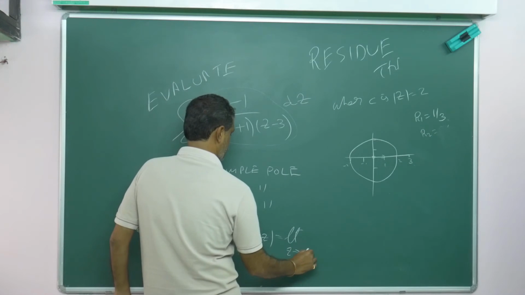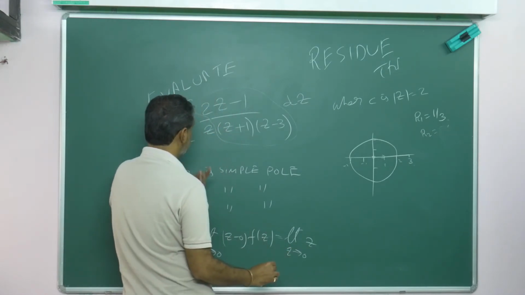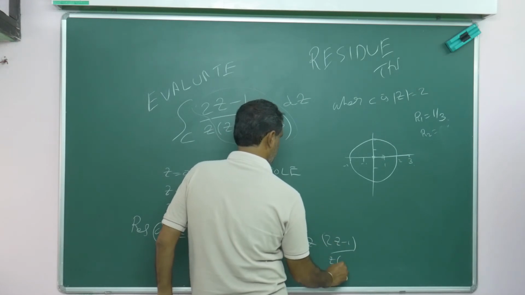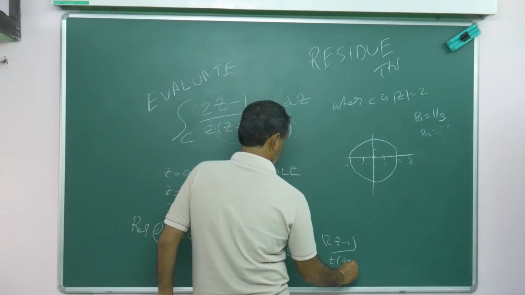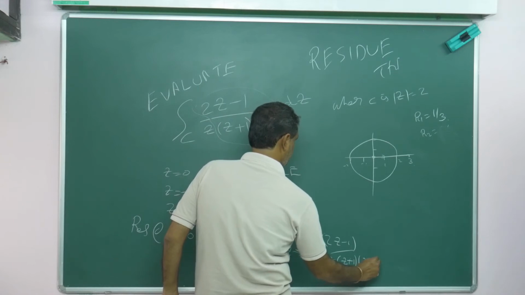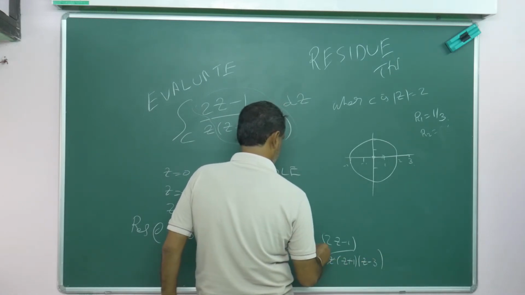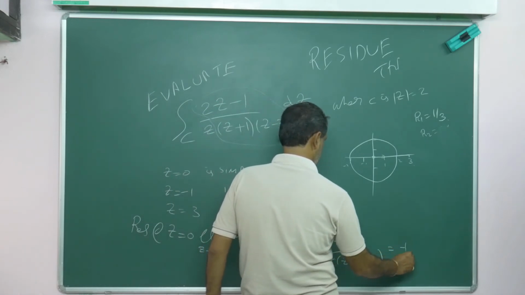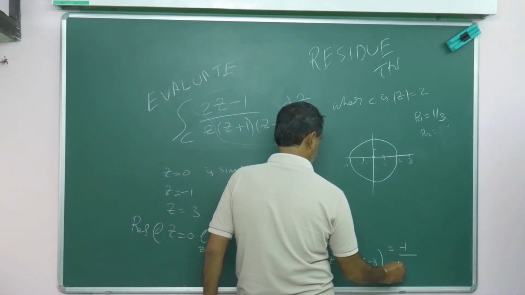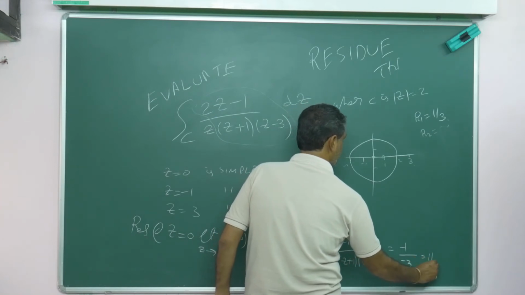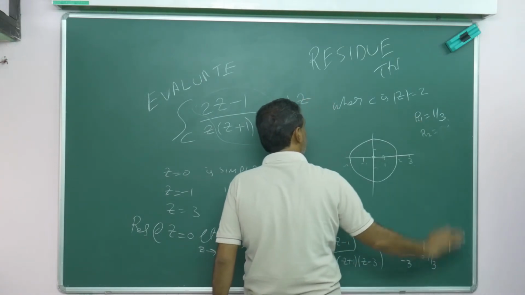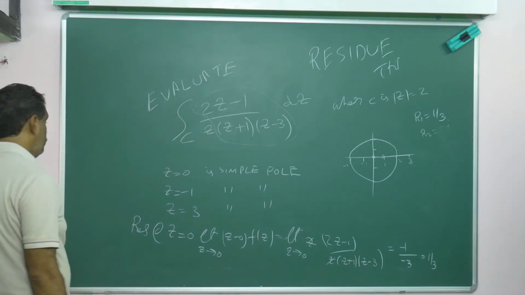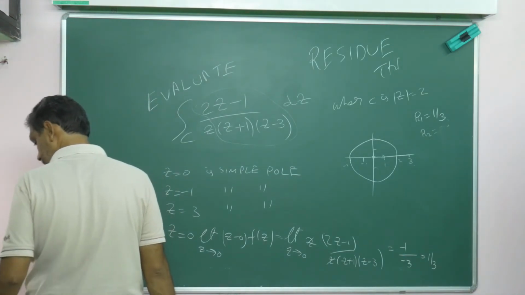Limit z tends to 0, z into (2z minus 1) by z into (z plus 1) into (z minus 3). This and this cancel. If you put z equal to 0, you get minus 1 divided by 1 into minus 3, that is 1 by 3. So R1 is 1 by 3. Getting or not?